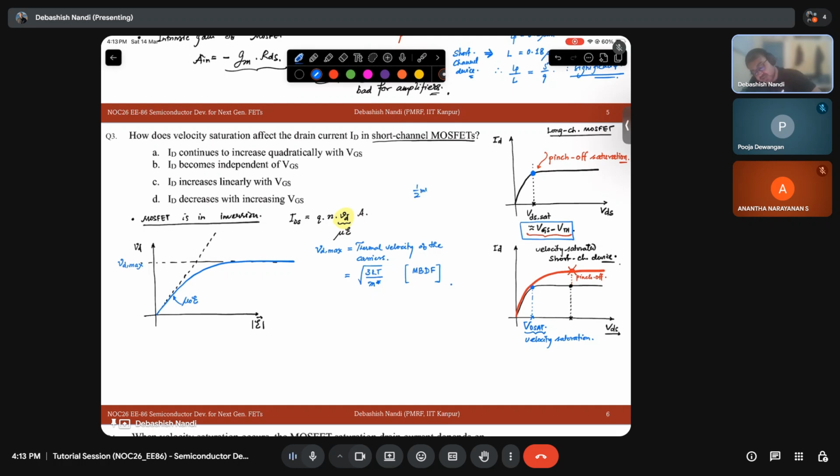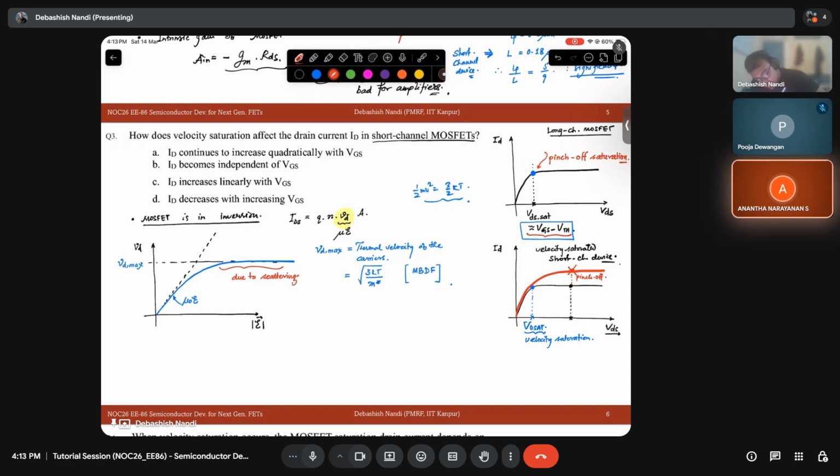Half m v square is equal to 3 by 2 kT. Just solve it and you will see. This is the maximum you can have. So why does it happen? Due to scattering. What kind of scattering?